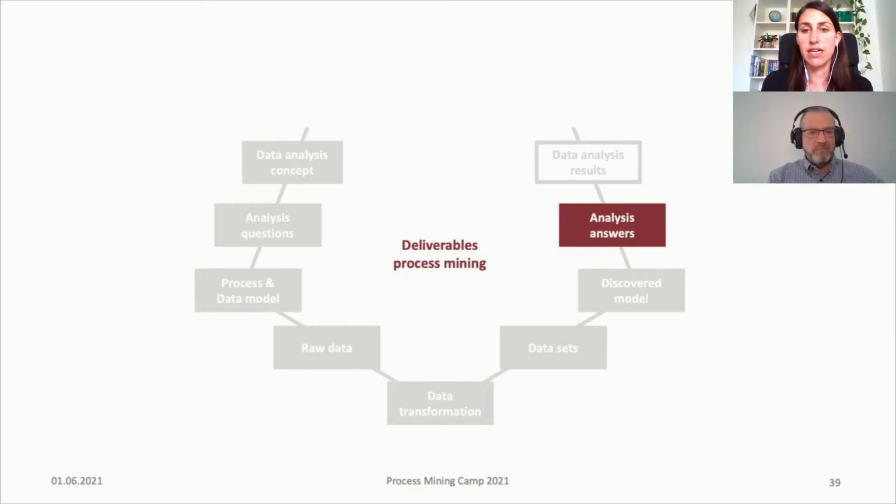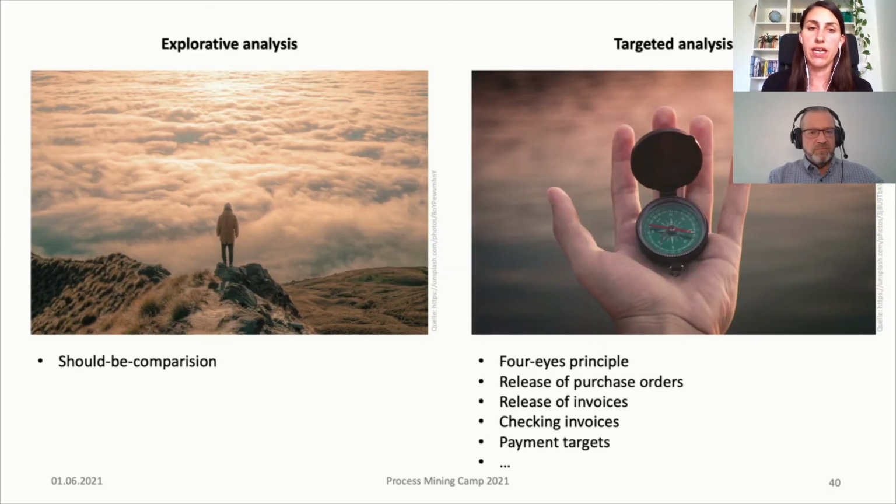So this directly leads us to the answers to our analysis questions. As already mentioned, we did the explorative analysis on the one hand, where we did the simplification, the filtering, the clustering, and then looked into more detail if there are any deviations from the should process and some strange process paths that might be worth looking at in more detail.